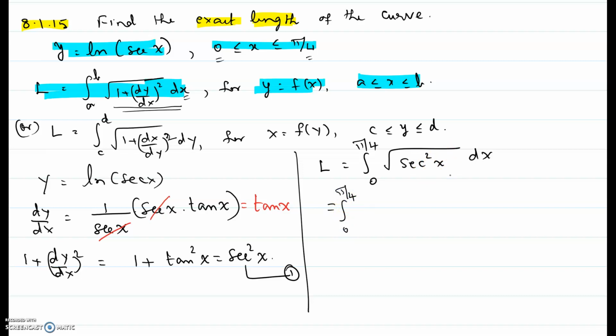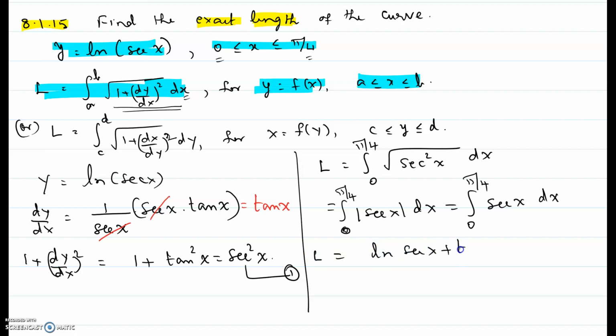Even though it is absolute secant x, we are only looking at between 0 and pi by 4, so in the first quadrant all trig values are positive, so there is no need for us to write the absolute sign. So it is integral of secant x dx. The integral of secant x is ln of secant x plus tan x.